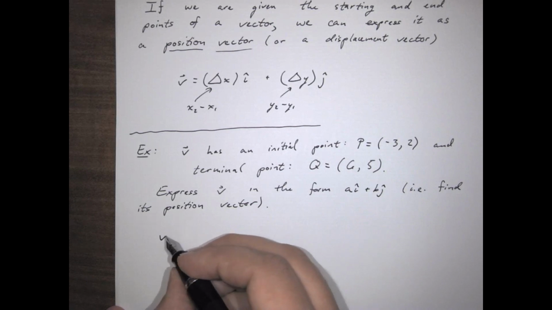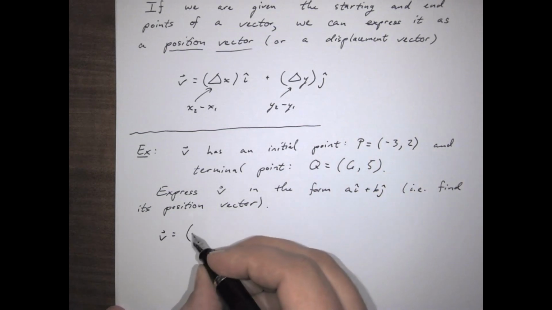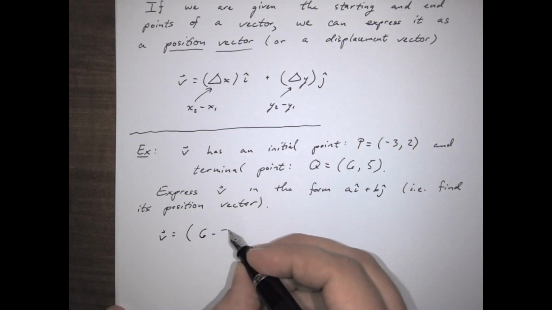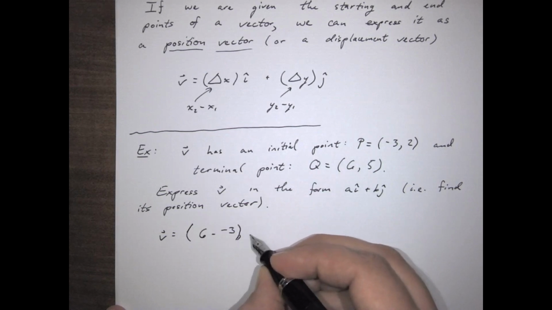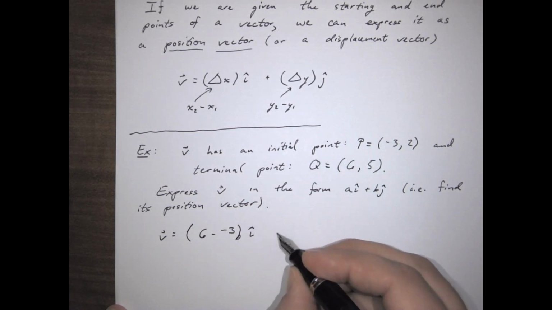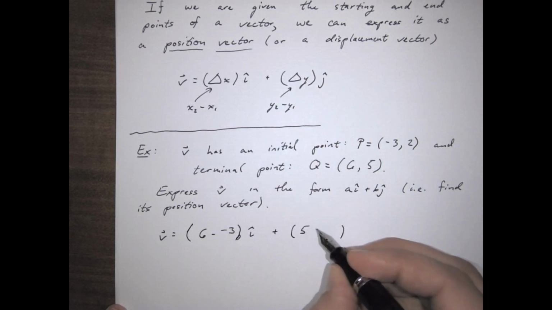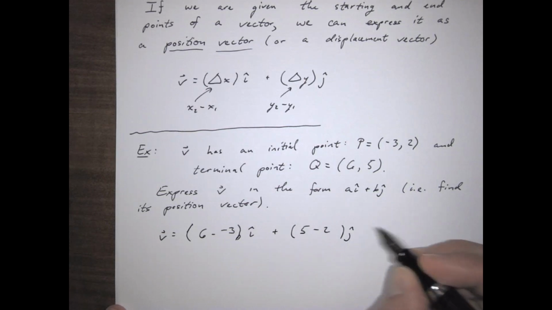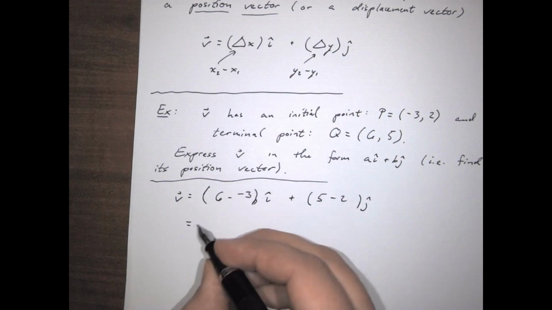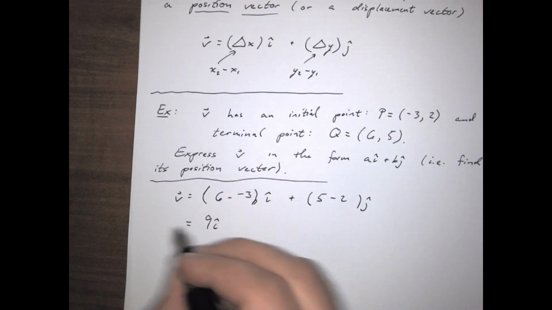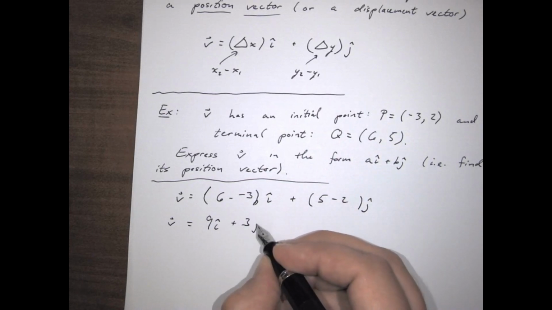So the way this would go, it's just going to be x2 minus x1, so 6 minus negative 3, and that's going to be the i, and then y2 minus y1, 5 minus 2, that's going to be the j, and then we just crunch the numbers and we get 9i plus 3j.